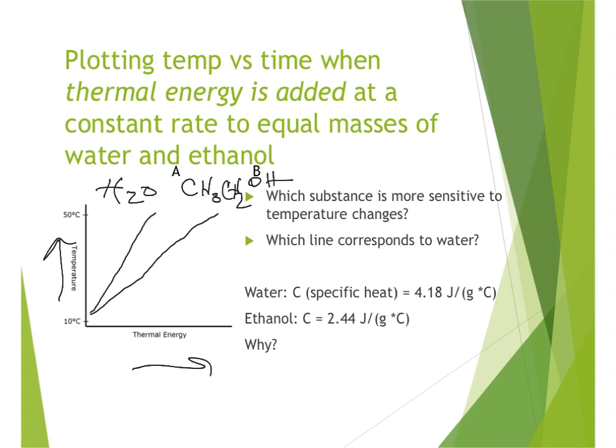And which substance is more sensitive to temperature changes? So this is just an interpreting the graph question. So again, which of these lines representing a substance shows more sensitivity to temperature changes?